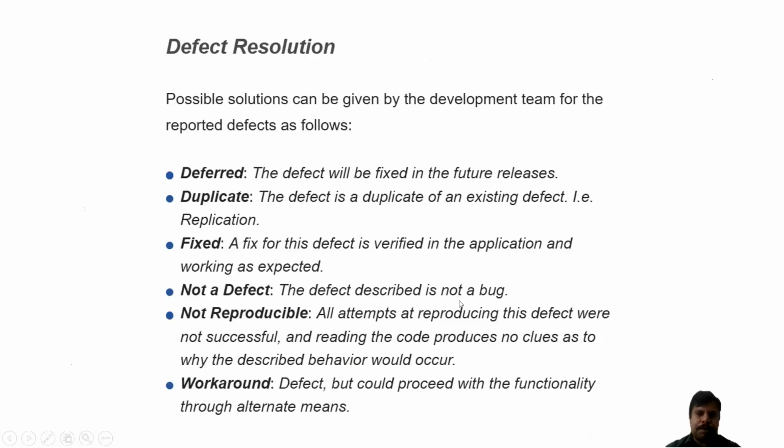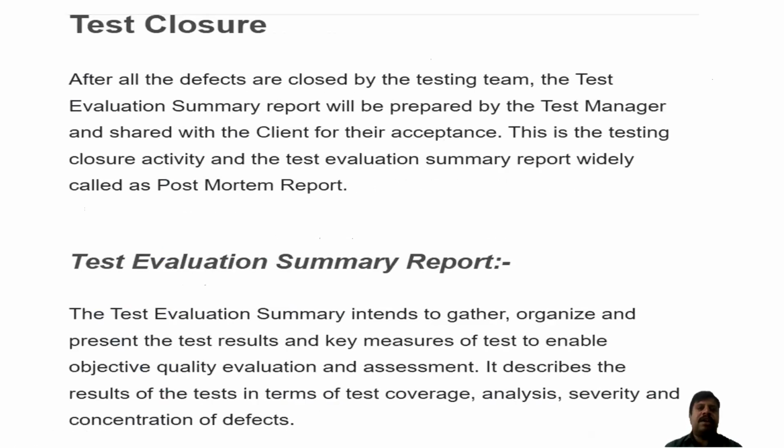Not a defect, the defect described is not a bug. Not reproducible, all attempts at reproducing this defect were not successful, and reading the code produces no clues as to why the described behavior would occur. Workaround, a defect but one can proceed with the functionality through alternative means. These are the defect resolutions.